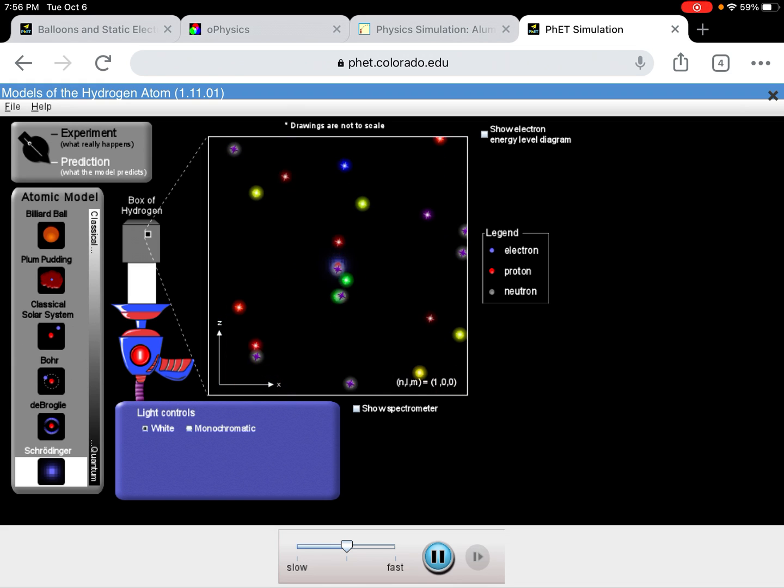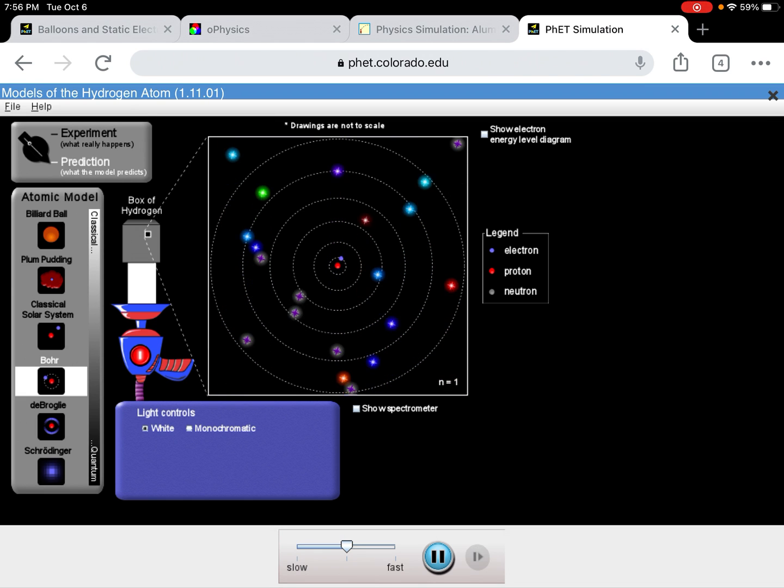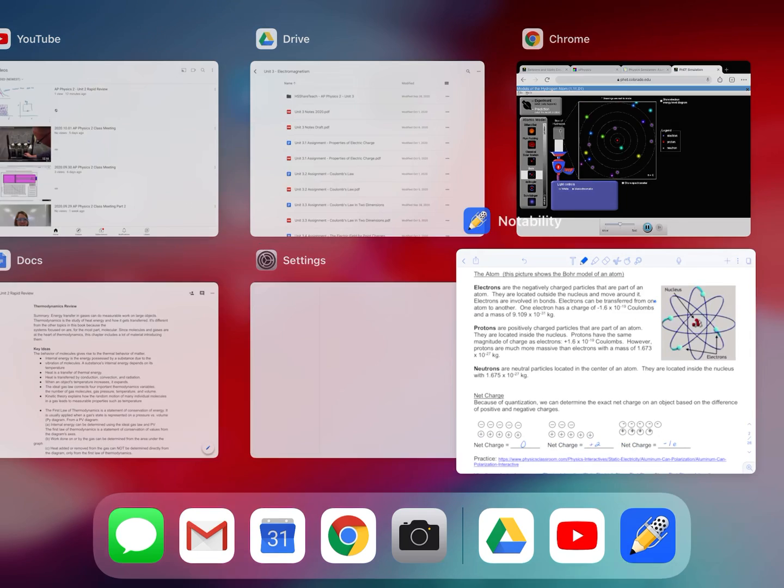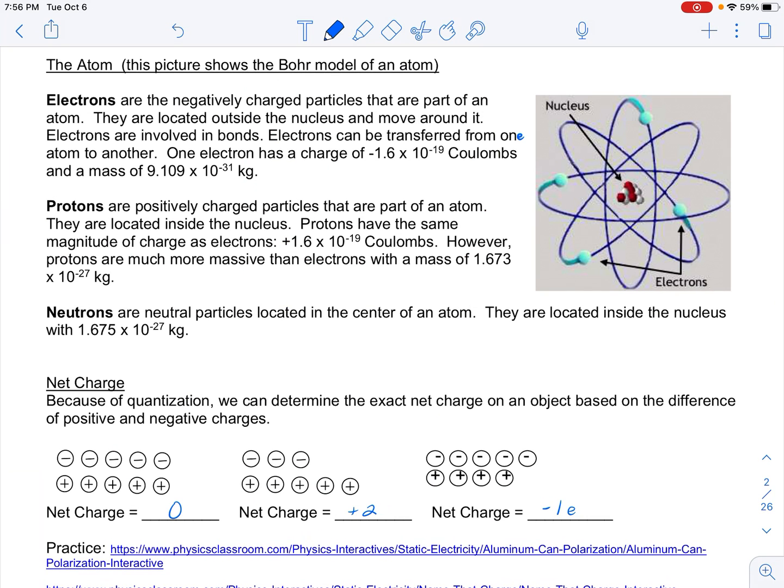We're not going to talk about this stuff until we get to Unit 7 when we talk about atomic and nuclear physics, but I just wanted to remind us again of these different models of the atom. Right now, I'm using the Bohr model, where the atom has a very fixed orbit. So it's kind of a simplistic version. Anyway, that's what we have in the picture here.